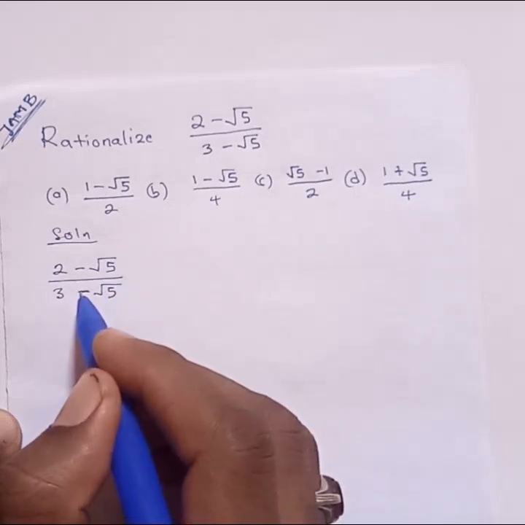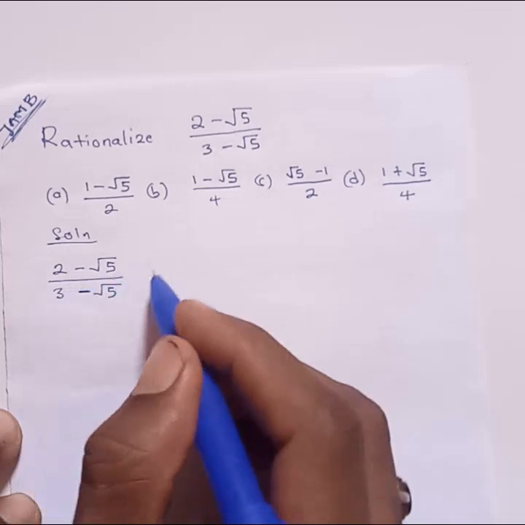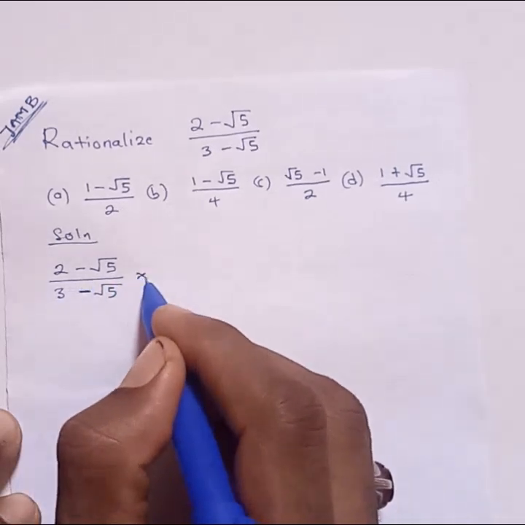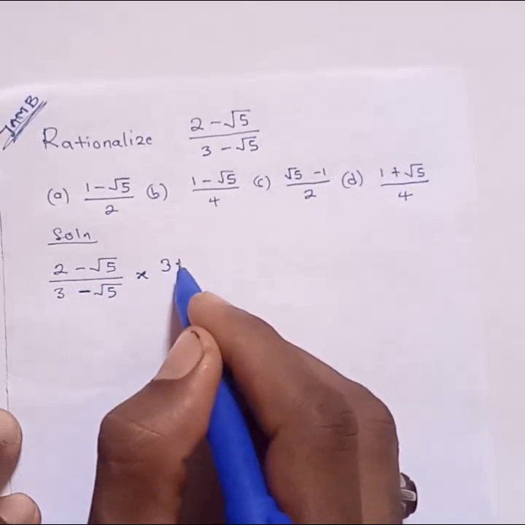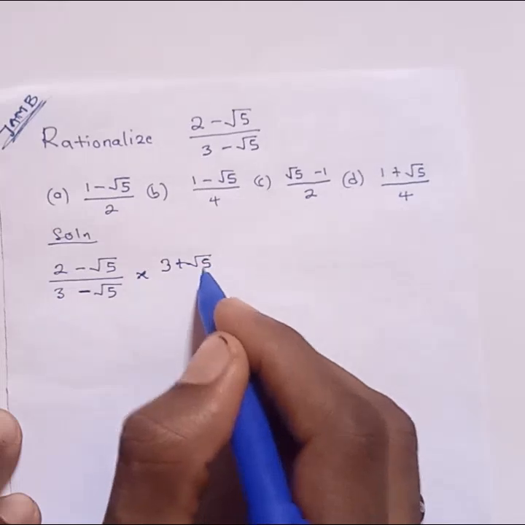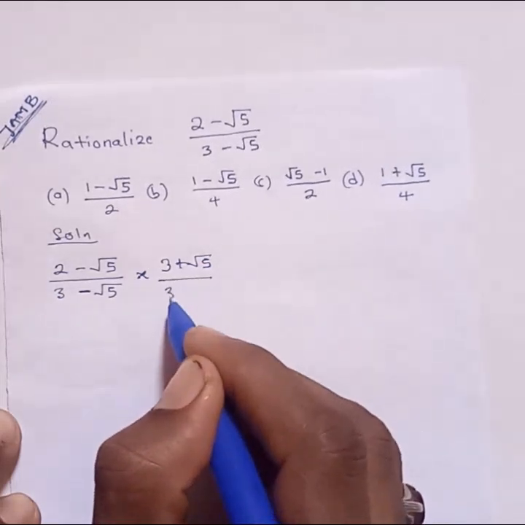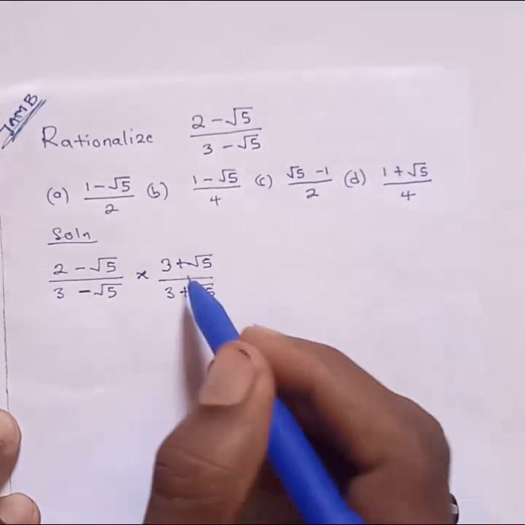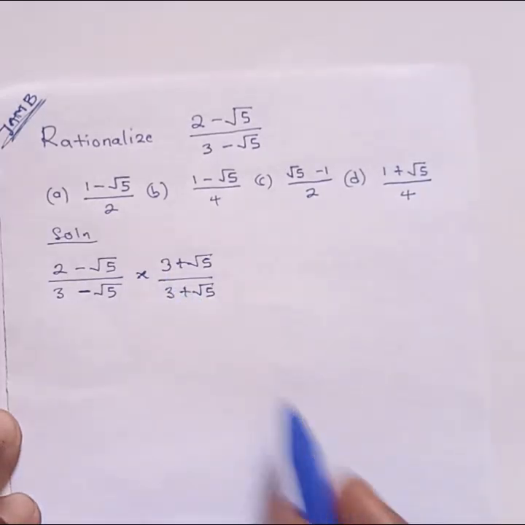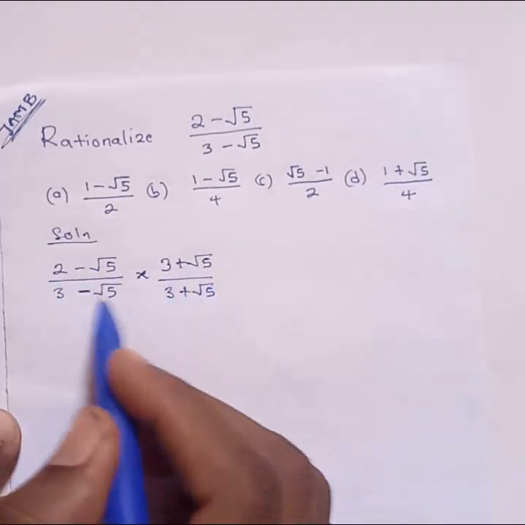So this is subtraction. So we are definitely multiplying both numerator and denominator by 3 plus square root of 5 all over 3 plus square root of 5. This is like 1. So multiplying it by 1 does not change anything. So we can have this by this and this by this.